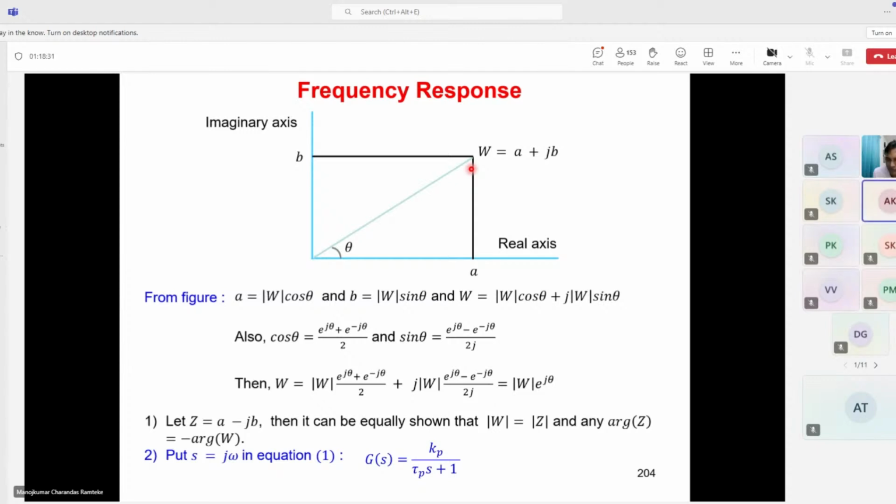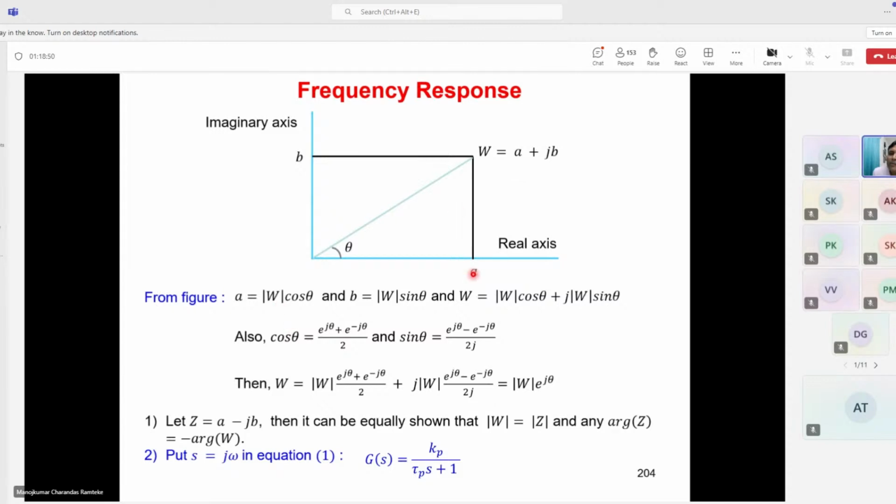Yes. Now, what will be A? A will be nothing but this magnitude W into cos theta. W into cos theta will give me A. Do you all agree?